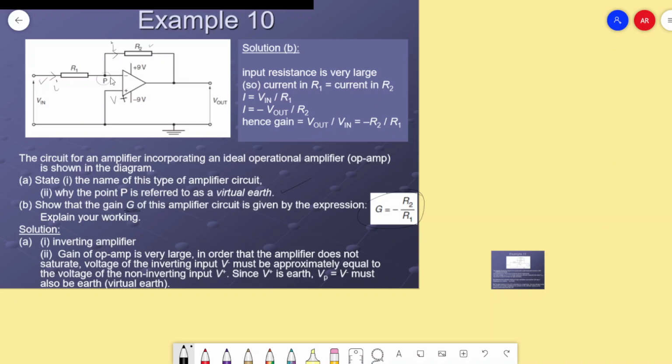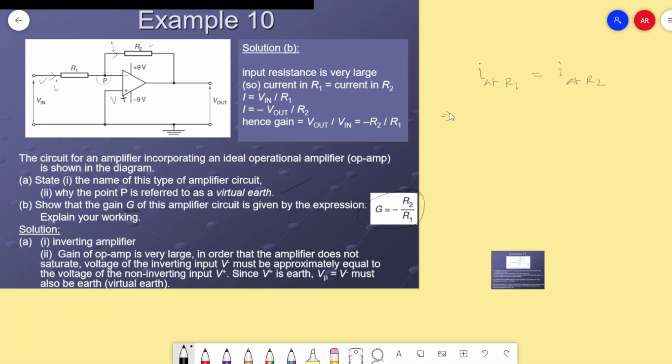No current flows out of P in the direction of the amplifier because the amplifier has infinite input resistance, I mean infinite input impedance. So we call that current I through R1, which is the same as current I at R2.